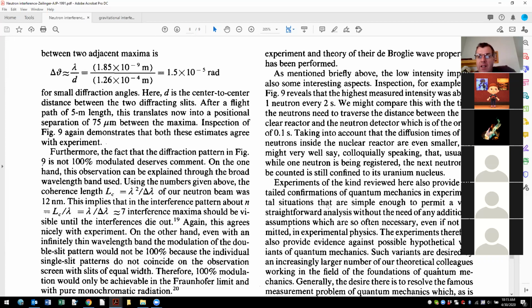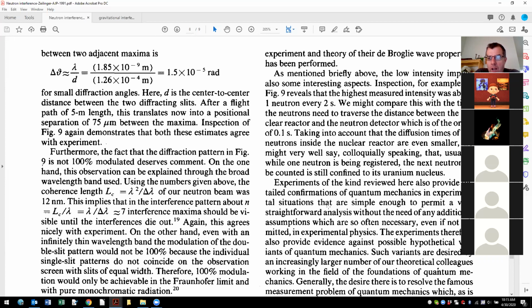which means that each neutron is only interfering, well, the neutrons aren't interfering with each other. It's not the particles that are interfering, it's the wave functions, this abstract wave function that determines the probability of the neutrons going somewhere. It's that wave function that's interfering, and it's only interfering with itself because each time a neutron is detected, the next neutron is still inside a nucleus.